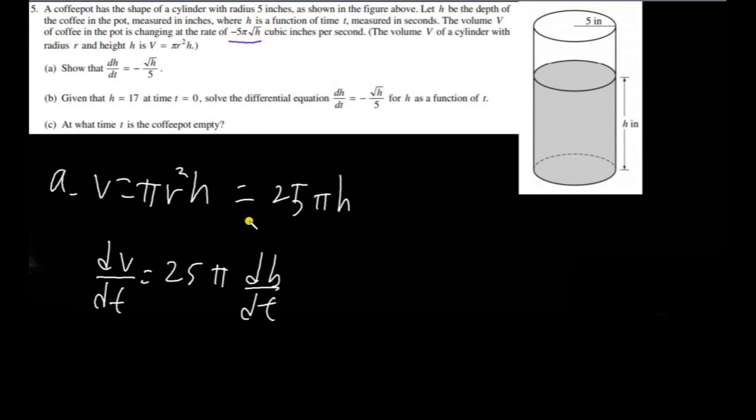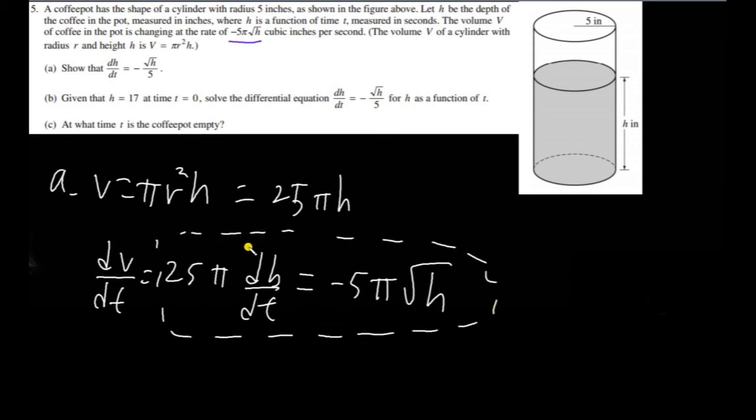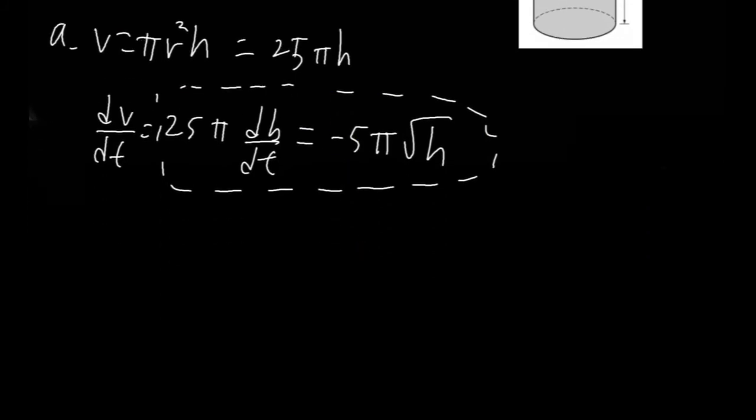So I know that this is dV dt, and I know that this is dV dt, so that'll allow me to set this equal to each other. So I know that this is equal to -5 pi square root of h. Right, this relation, I'm not gonna put this outline. This relationship will allow us to simply solve for dH dt. Okay, so let's see, we can cancel the pi's.